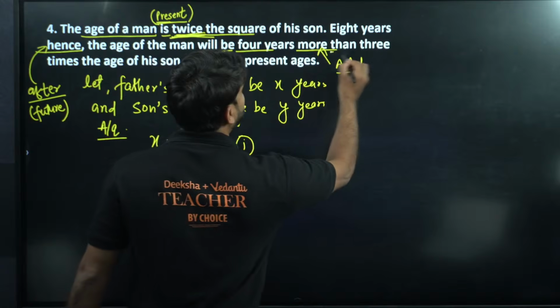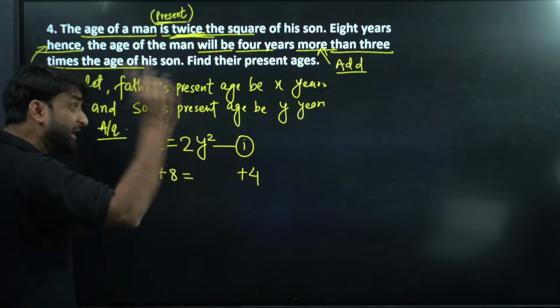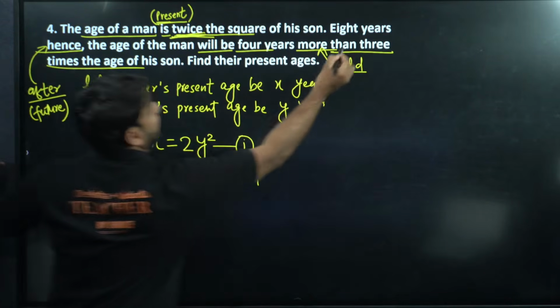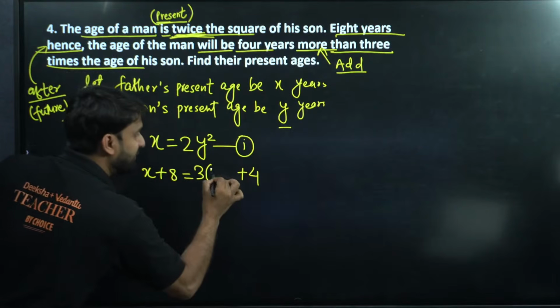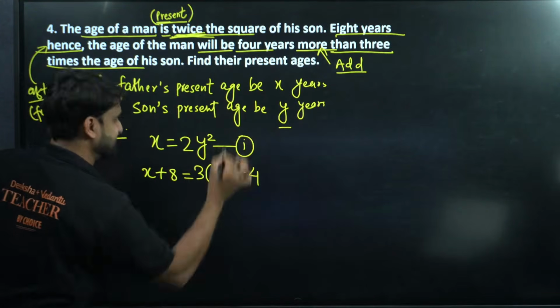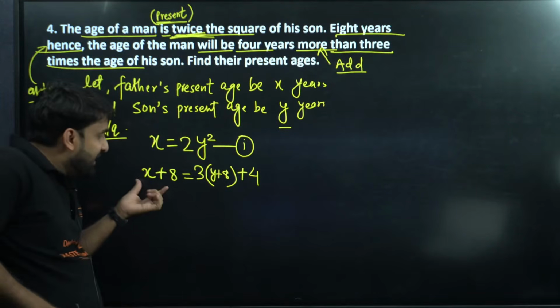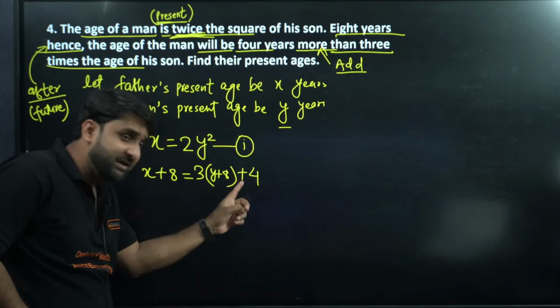To 3 times the age of his son. The son's present age is Y, and 8 years hence, the father's age will be 4 more, so that's why we are adding 4.